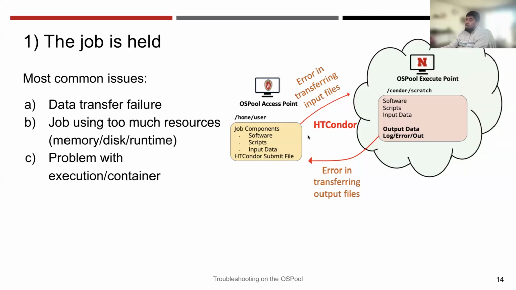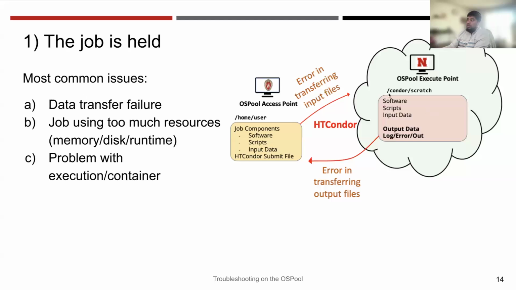Based on that, HTCondor grabs the files and folders from the directory that you specified, and transfers them into the scratch directory of the execute point. Then HTCondor starts executing your executable, and every execution happens over here. And your output data, your log and output files, get sent back to your job submission folder. So if you have any error in transferring input files, or in transferring output files, like your code doesn't produce the output that you defined, or there's any typo, your job would go on hold.